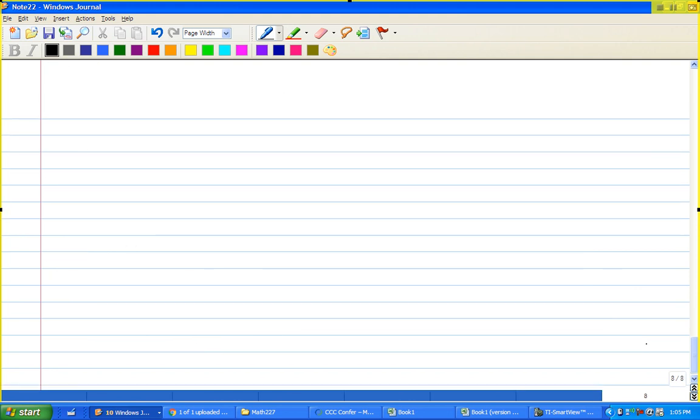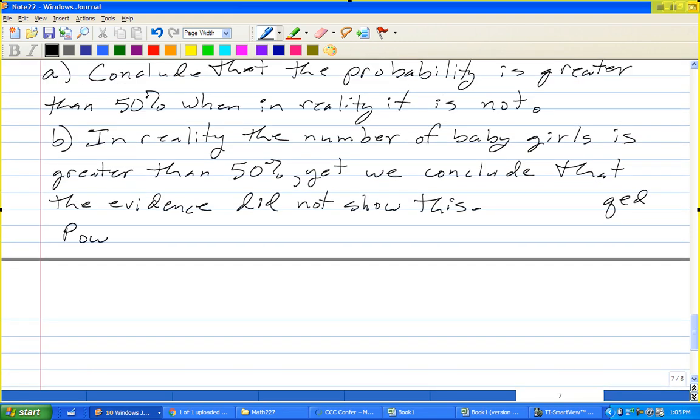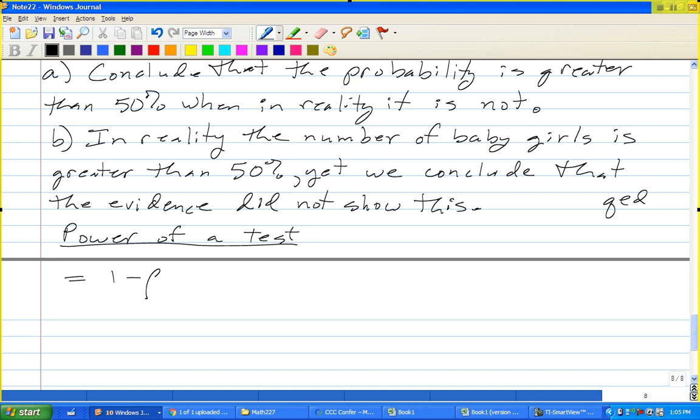Power of the test. So the power of a test is just 1 minus beta. So if I look at beta, the probability of having a type 2 error, and I look at its complement, what's the probability of not having a type 2 error?